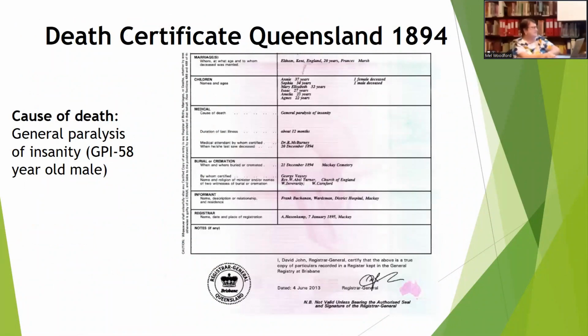Now I've got a couple of death certificates to show you. So this one, the cause of death is general paralysis of insanity. Well, that's basically tertiary syphilis. And I don't know if any of you saw the Who Do You Think You Are episode with Kerry Ann Kennelly. One of her ancestors actually had GPI down as cause of death.